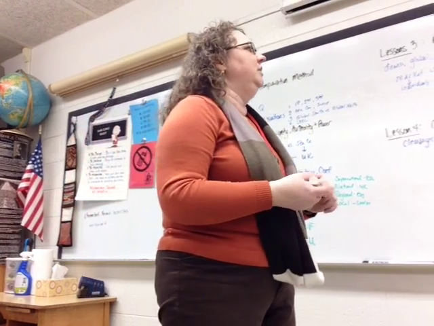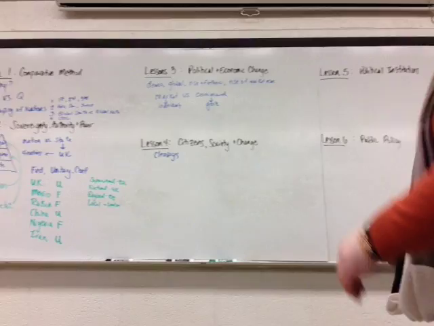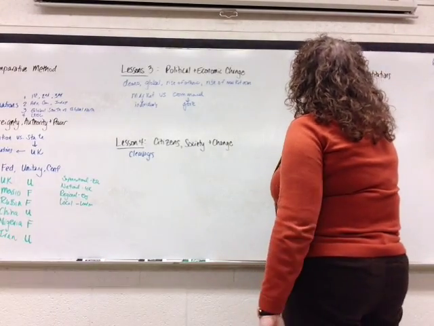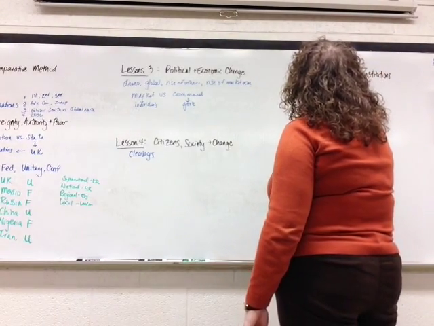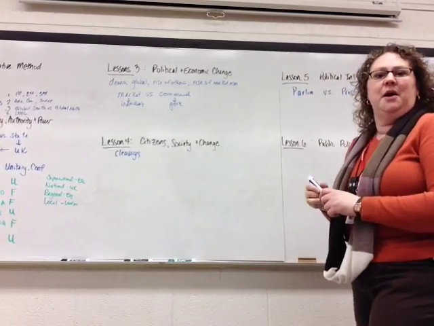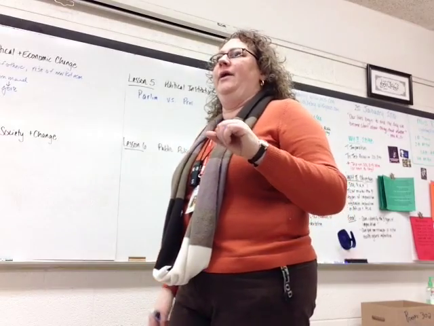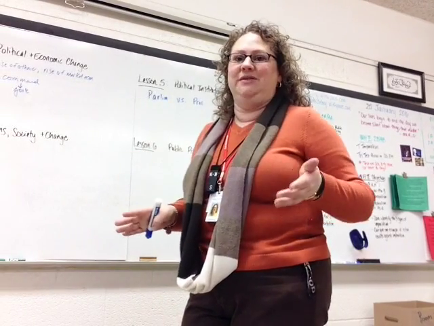Okay, let's move on to a huge chunk of our bit, and that is political institutions. So let's talk about lesson 5. We talked about parliamentary versus presidential. Remember, there's also mixed systems, and we call them mixed or semi-presidential.